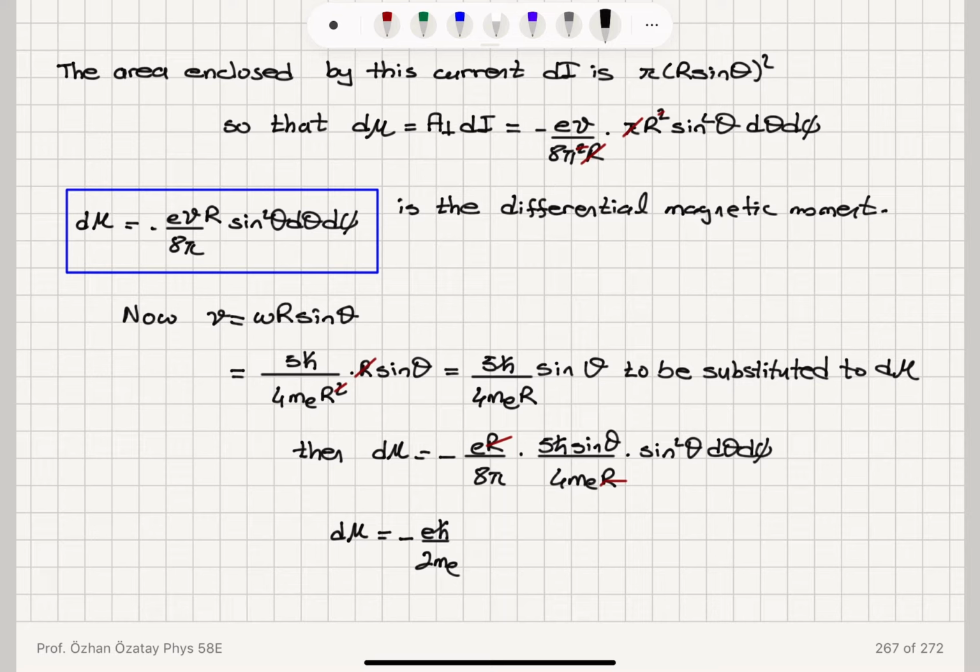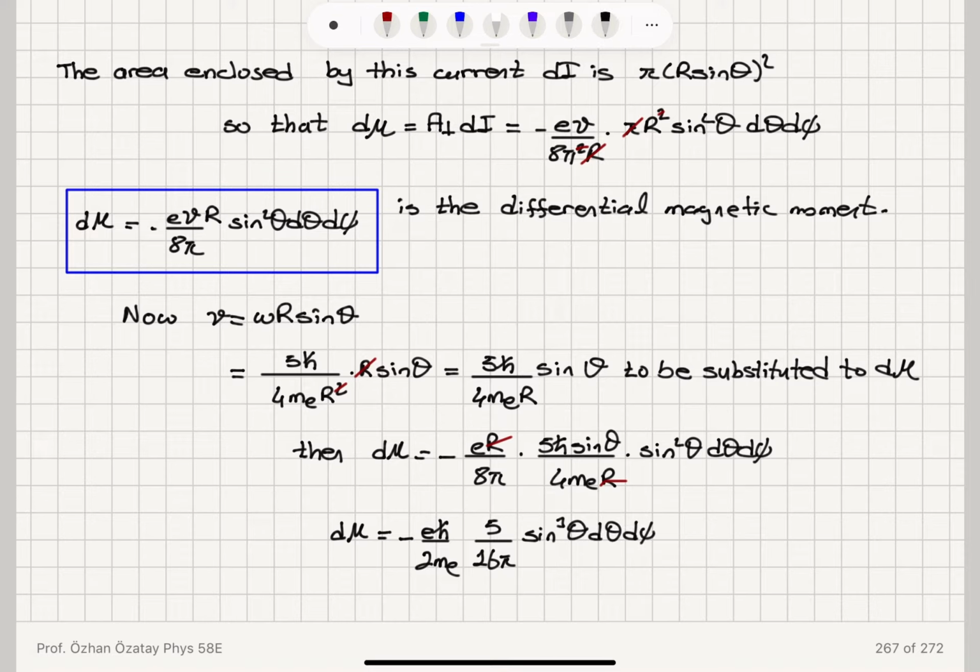So this will give us 5 divided by 16 pi, and then we have sine theta and sine square theta, so that will become sine cube theta d theta d phi.